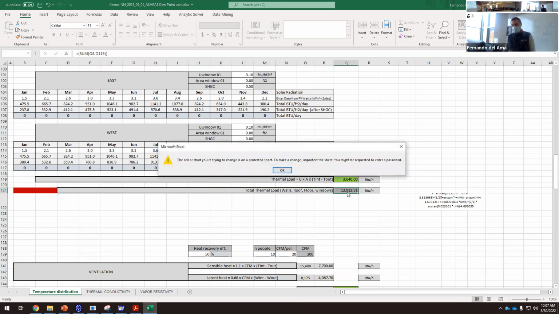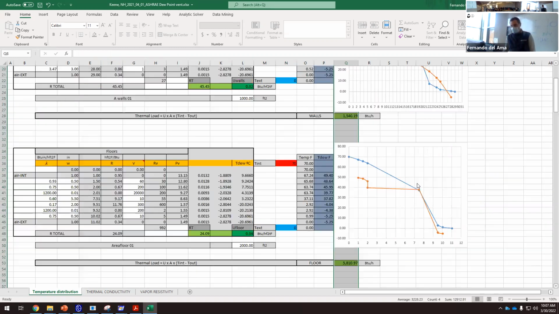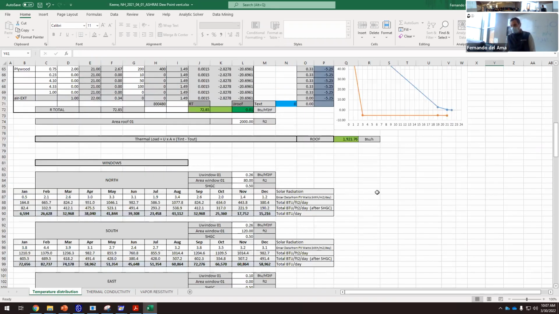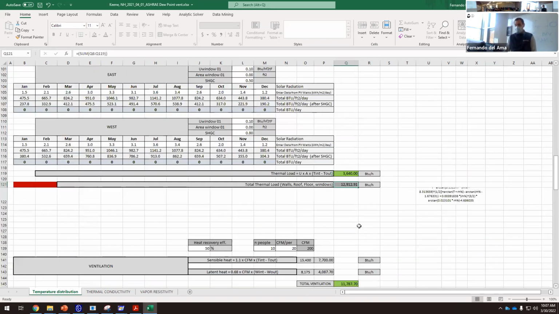Anyway, this is the result of the envelope. So this is 12,912.